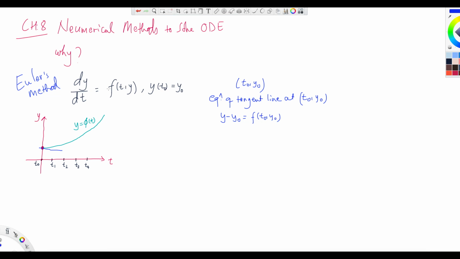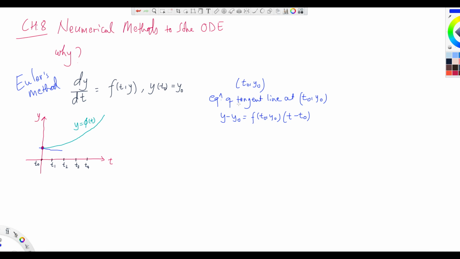So you write f at t0, y0 and then multiply by t minus t0. This is the equation of this tangent line. We use the given point to find that tangent line, and we use this tangent line to approximate the height of the solution at t1.